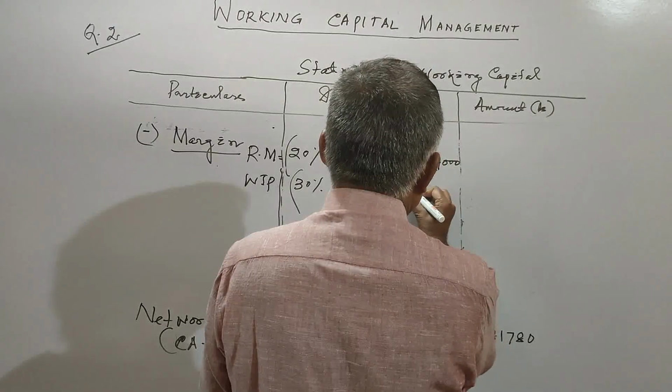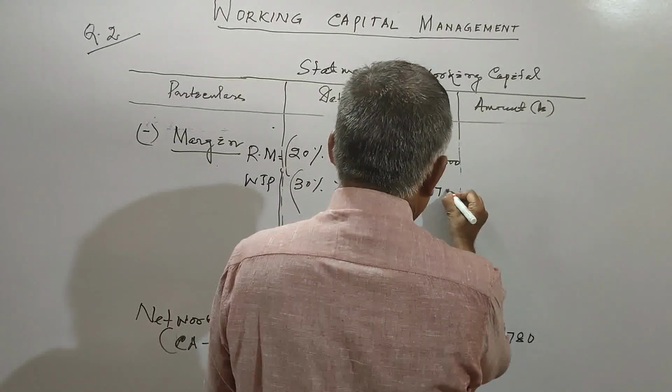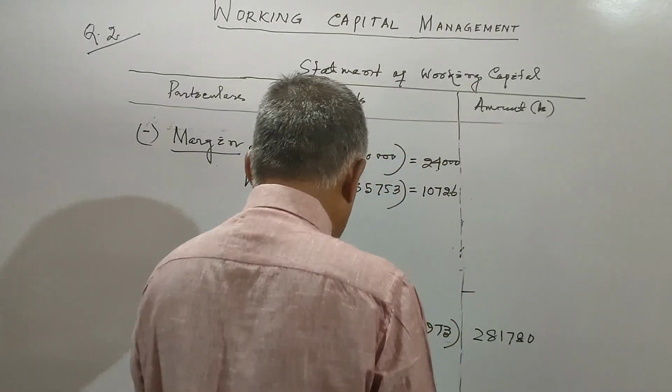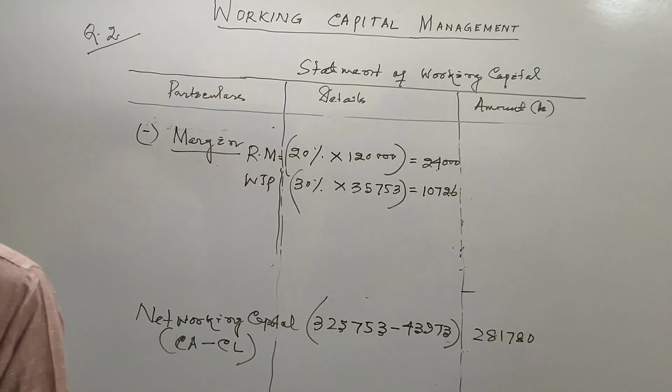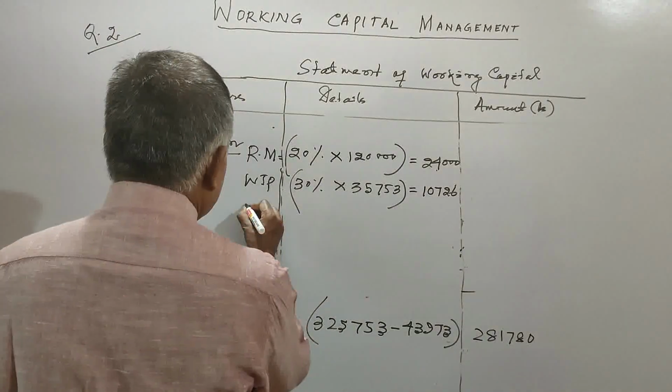This is the margin on work in progress. On finished goods, it is 25%.